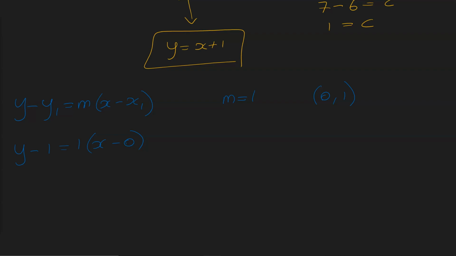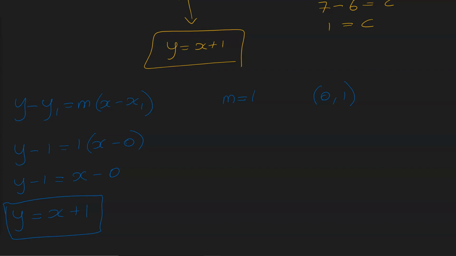First I'll expand this bracket out, so y minus 1 equals 1 times x, which is just x, and 1 times 0 is just 0. Then I'll rearrange the equation: y equals x, take the negative 1 across, it becomes positive 1, and we have determined that is the equation for that line.